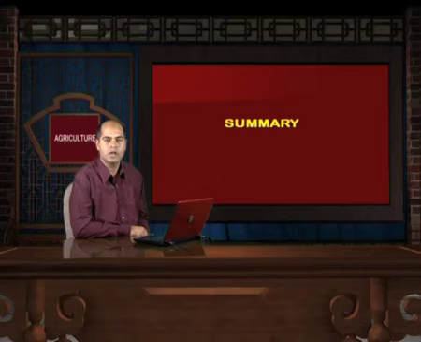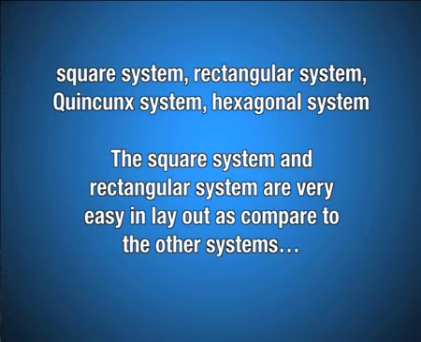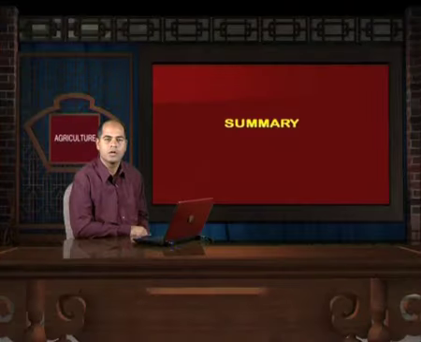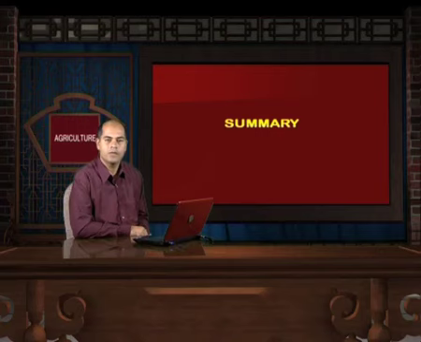Further, we also discussed the various systems of planting, which are the square system, rectangular system, quincunx system and hexagonal system. The square and rectangular systems are very easy in layout as compared to other systems like the quincunx system. When a fifth plant is placed in the square, it is called the quincunx system, and the fifth plant is called a filler tree.